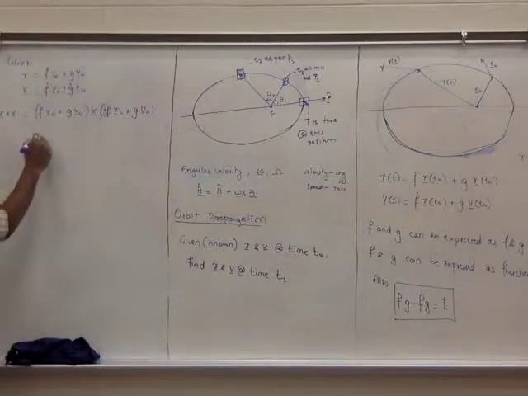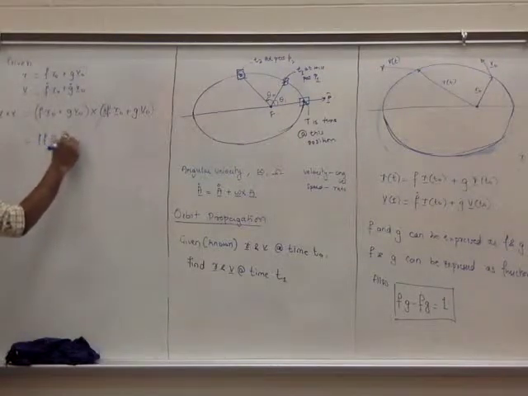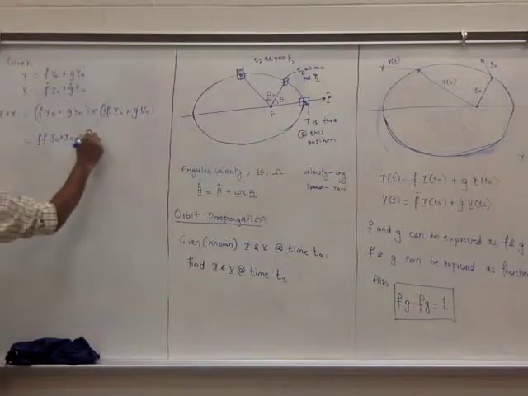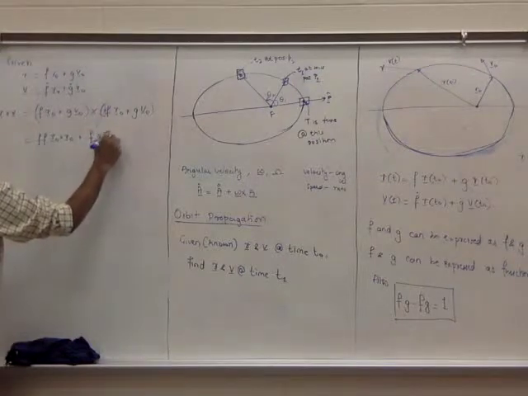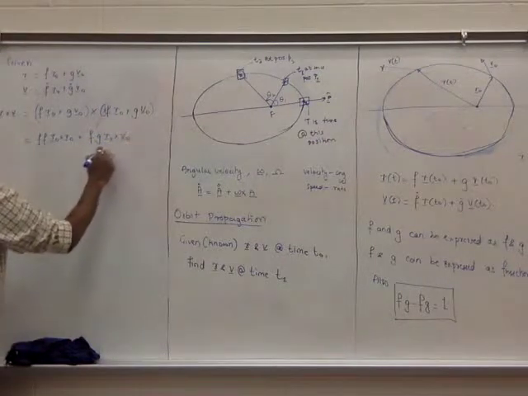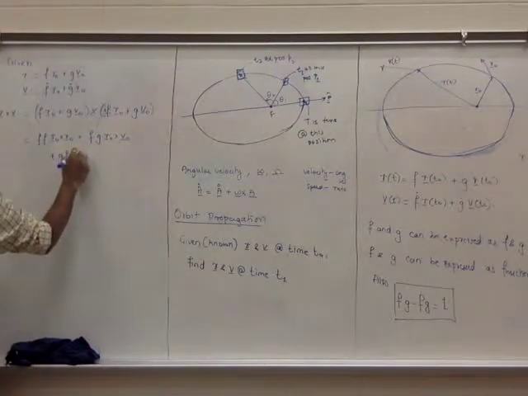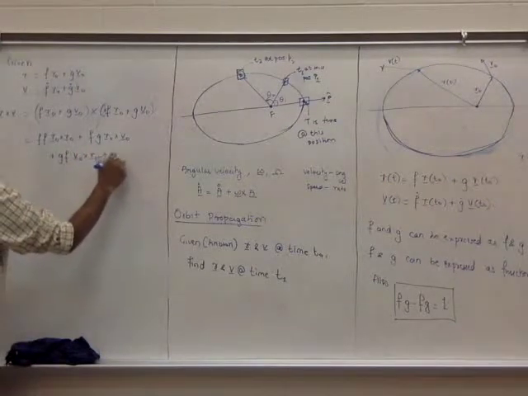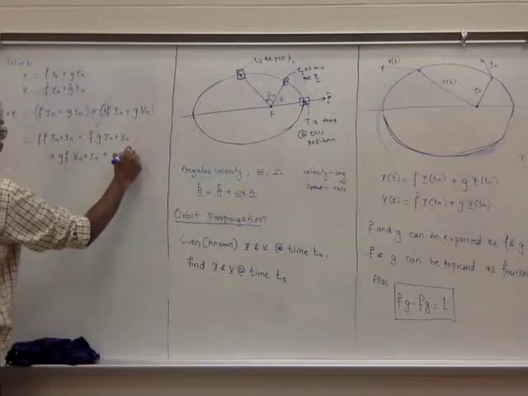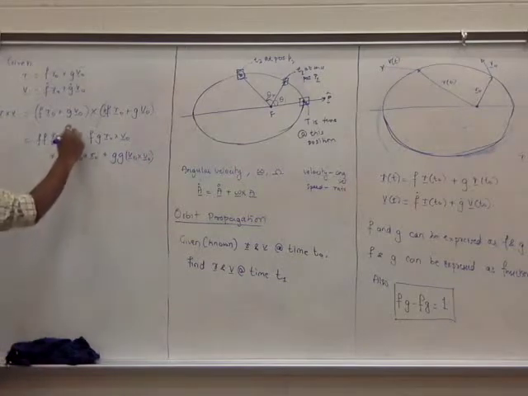So this is what: f f dot r naught crossed with r naught, plus f g dot r naught crossed with v naught, plus g f dot v naught crossed with r naught, plus g g dot v naught crossed with v naught.